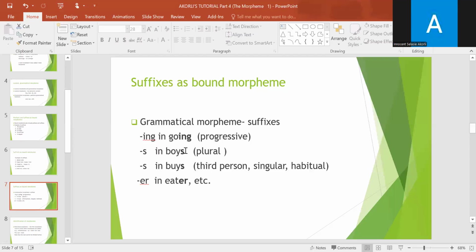Whilst that of boy is plural, this one is third person. Then we have er in eater. The er in eater is a noun forming morpheme, which means doer of an action, if you like. So the person who eats is the eater, an entity. Eater, the doer of an action.